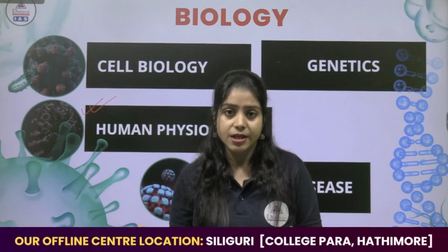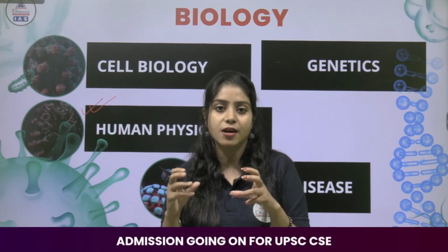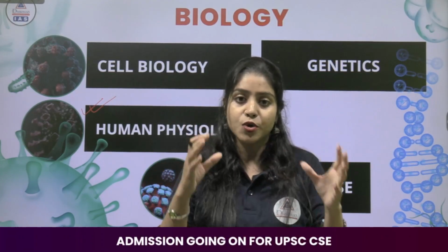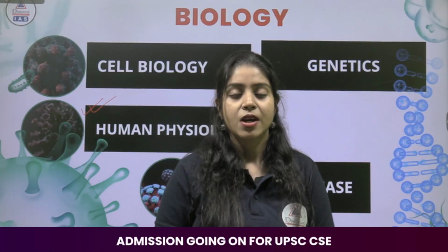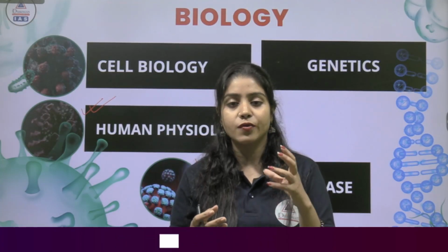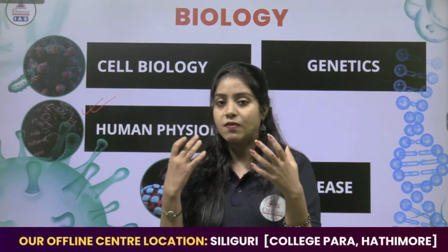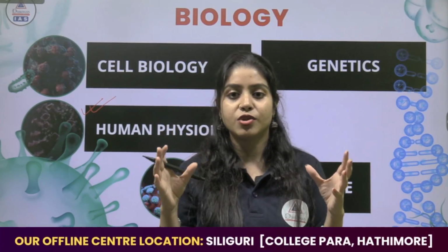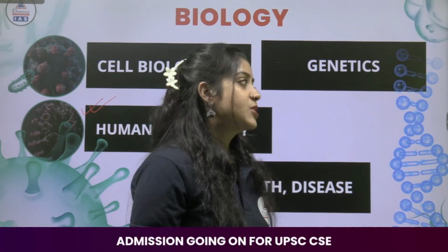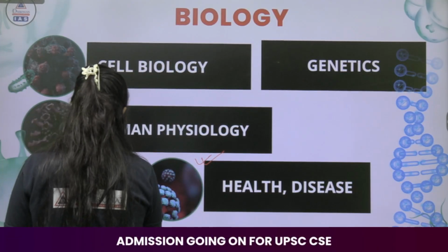Then what the diseases are, and you need to focus on the current scenario: what the outbreaks of recent diseases are, and the advancement of treatment procedures, the advancement of drugs, development of vaccines and medicines. These aspects you need to focus on. Okay. So moving on to the biology prelim question.